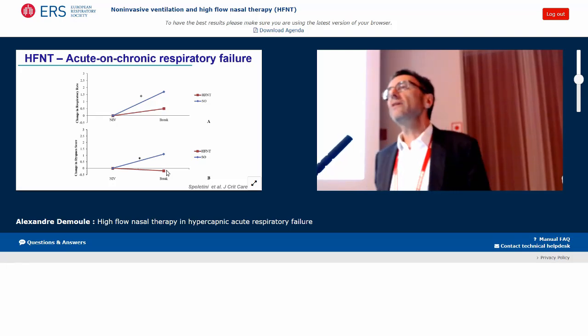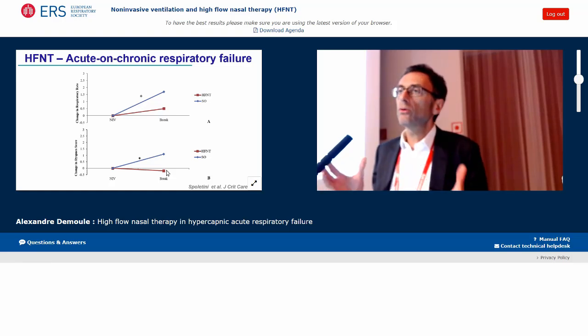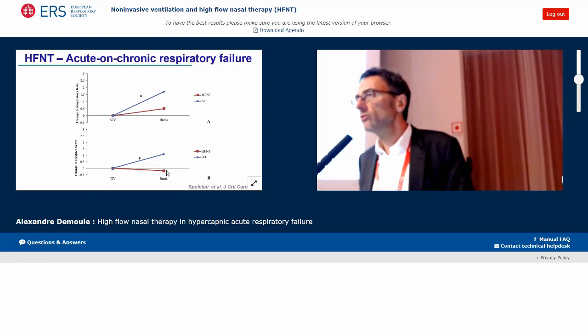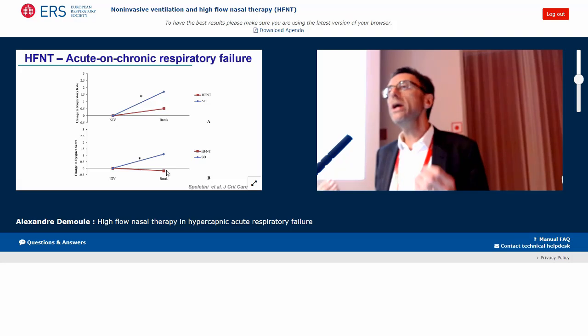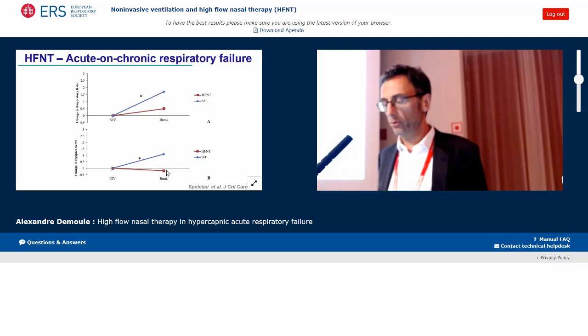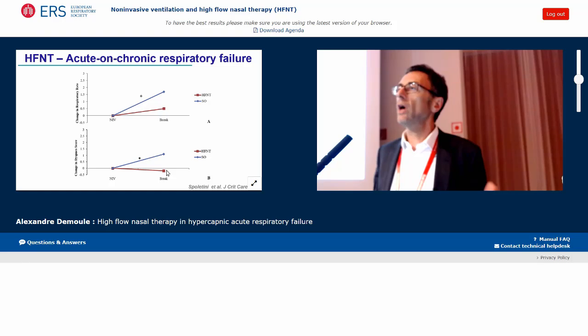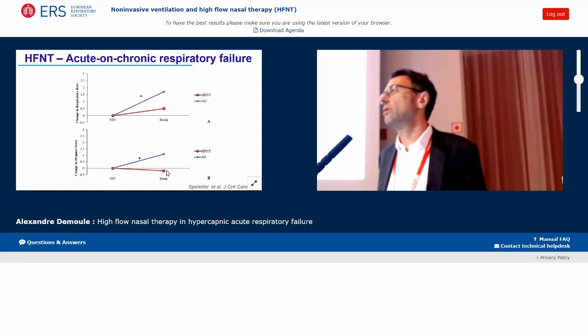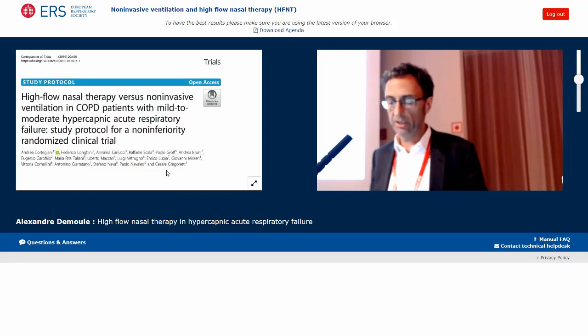So these are, I would say, small physiological outcomes, and definitely we need RCTs with more relevant clinical outcomes. This is what we need now. I mean, with those results, we cannot say, let's use high flow therapy in every patient with acute and chronic respiratory failure. No, it's not possible.